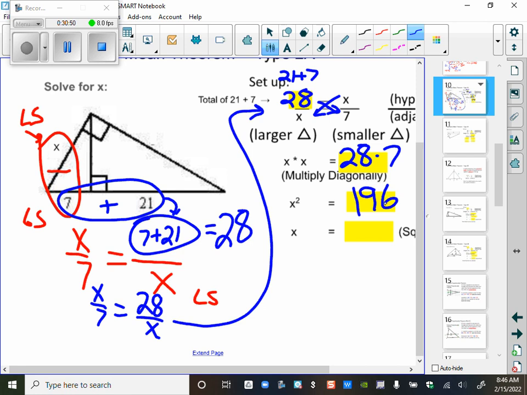Well, did we check our calculators? So you heard it. So Andrew's right. Anybody else? Take that square root of 196. If you're not sure how to do it in one of these calculators, let me know.